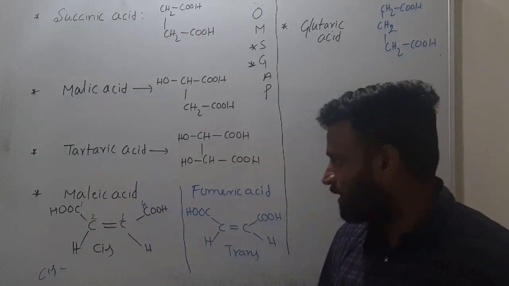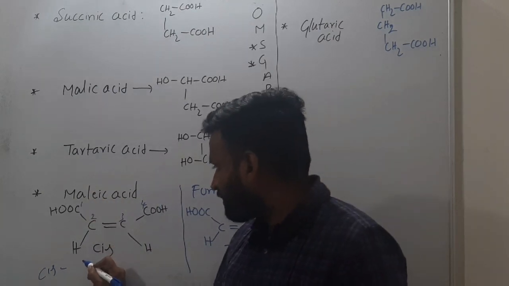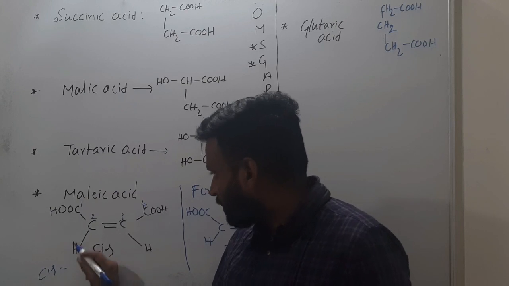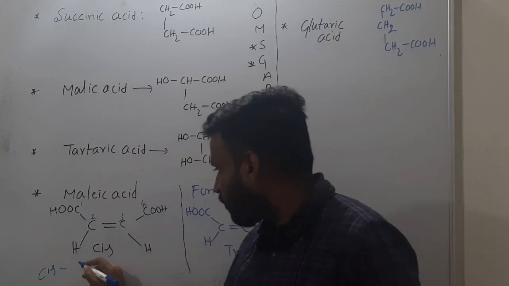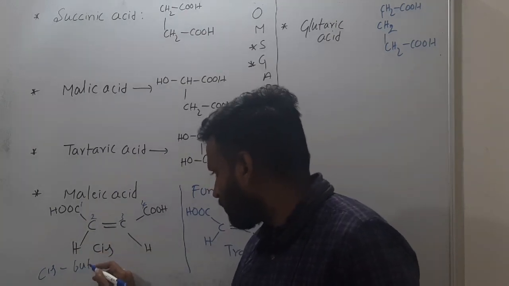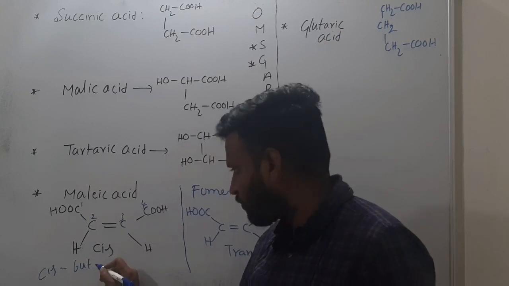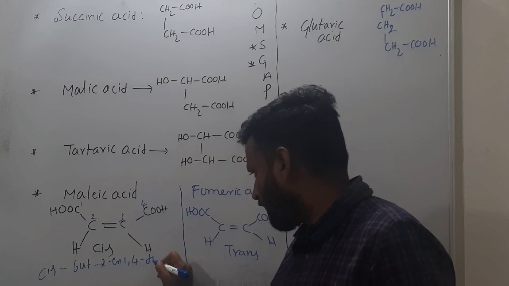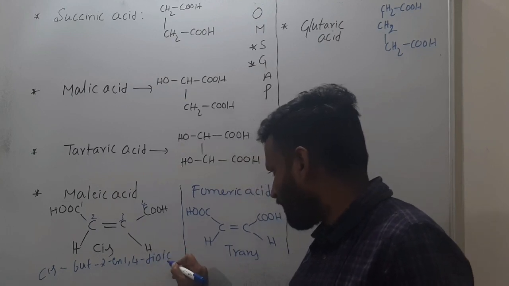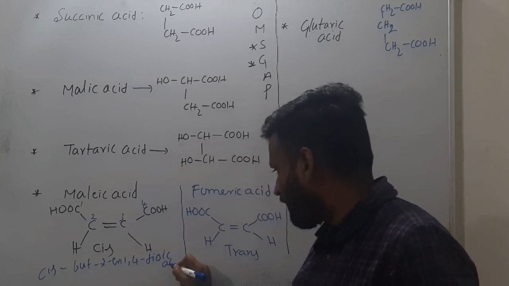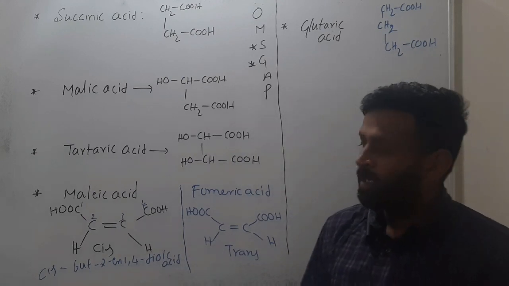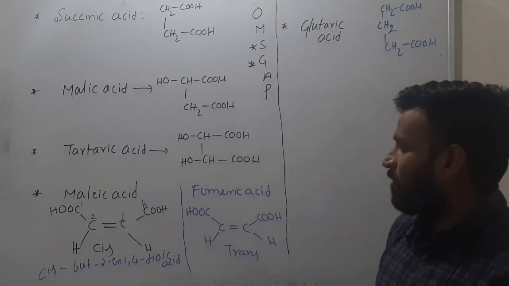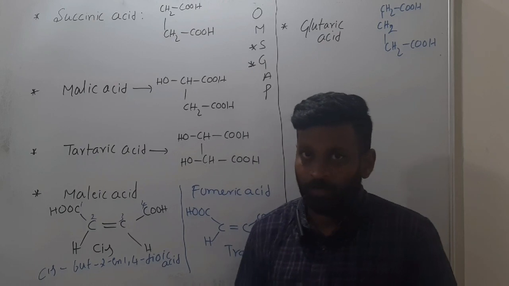Maleic acid IUPAC name I am writing, and this one 1, 2, 3, 4. Four carbons, no? So that's why but. Cis-but-2-ene-1,4-dioic acid. That is the IUPAC name of maleic acid.